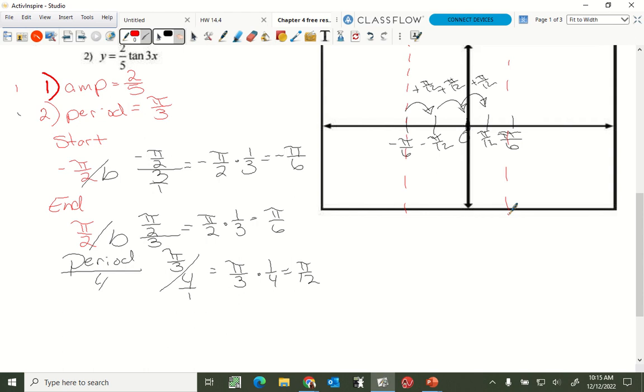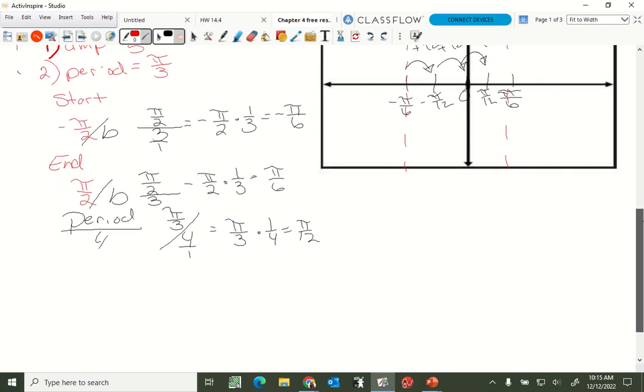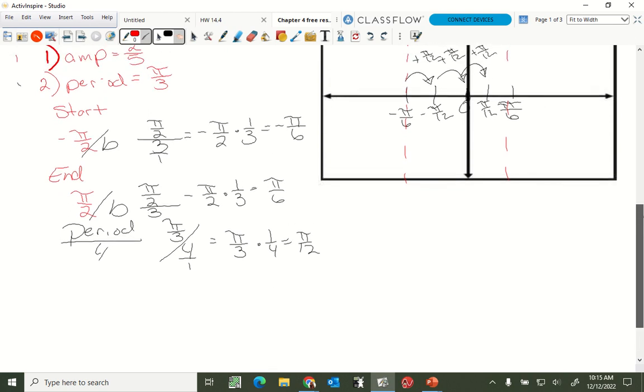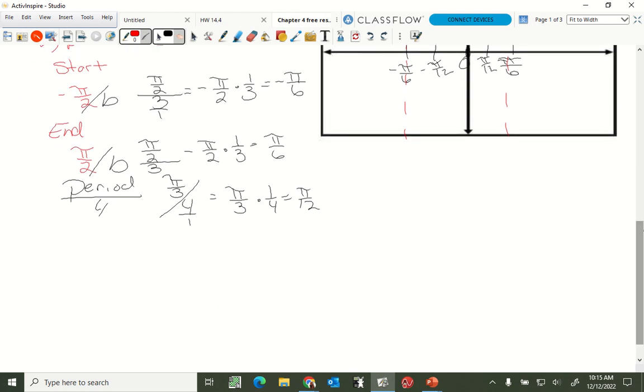And let's do the plug-in. So I already know the answer at negative pi over 6. It's going to be undefined. So now I'm going to plug in the next one, which is 2/5 tan 3x. That's going to give me negative 3 pi over 12, which reduces to negative pi over 4.